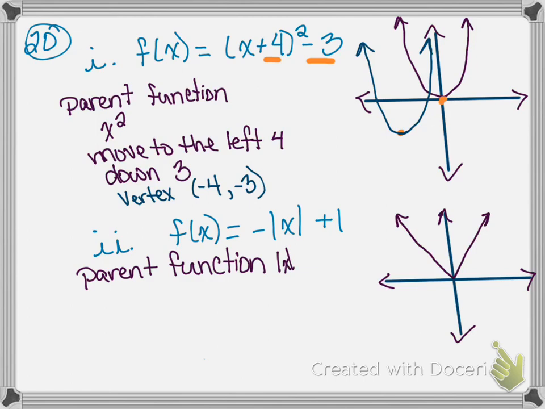So our vertex is going to go from 0, 0 to right here at 0, positive 1. And then our new one, and let me do that in a different color so that we can look at the two different graphs. Our new function is going to look like the green. So we have turned it upside down and we have moved it up 1.